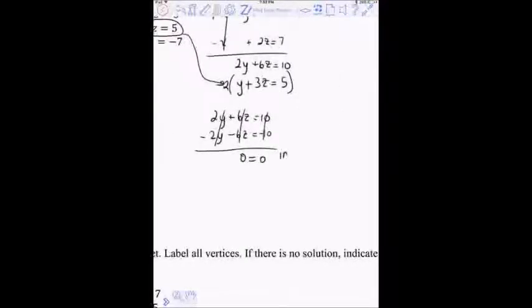That means infinitely many solutions. Now that there's three variables, our textbook uses the convention of letting z equal t.